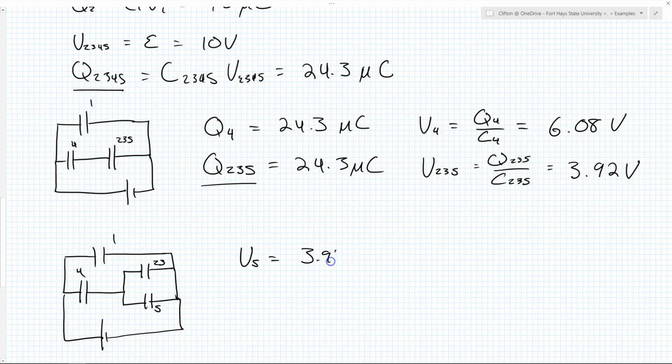So that's 3.92 volts, which means that the charge on 5 is just going to be its capacitance times the voltage across it. And the capacitance of 5 is 5 microfarad. So this is going to be 19.6 microcoulomb. The voltage across the effective capacitor 2, 3 is the same since they're in parallel, so that's 3.92.